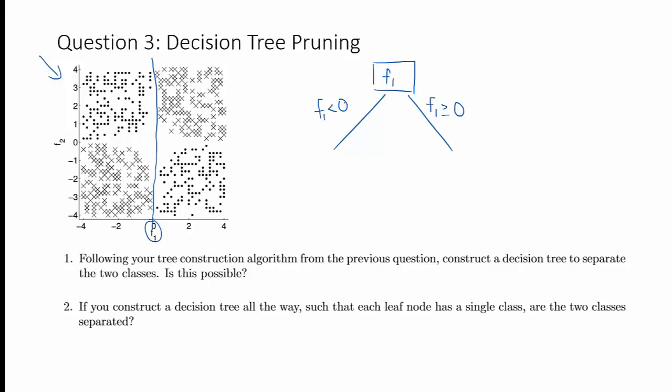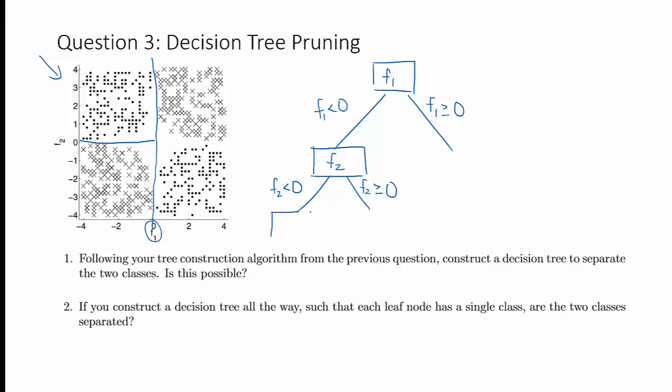Well, let's consider the left side first. Here we still haven't fully separated the data yet. So if we try to make another split on F2, and again, let's try it where F2 is equal to 0, then on the left branch we have F2 less than 0, and on the right branch we have F2 greater than or equal to 0.